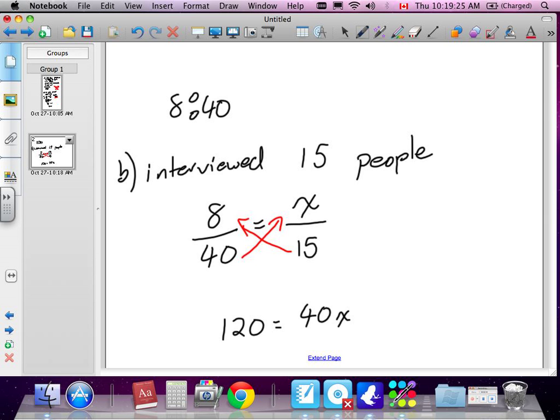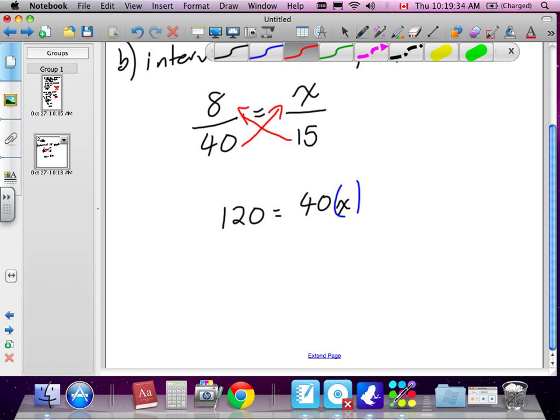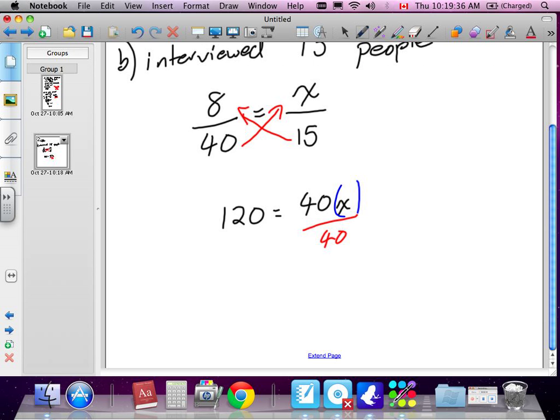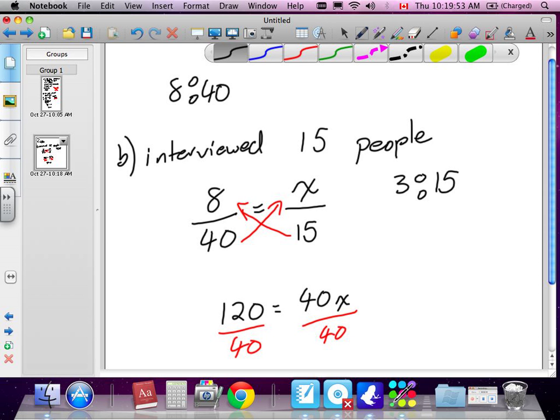But we still have to isolate for x, which means I have to do what to the 40? I have to divide both sides by 40. The 40s on this side will cancel each other out. X will equal 3. So if we had interviewed 15 people, our ratio would have been 3 out of the 15 people. And how many would have said they didn't own cars? 12 out of 15.